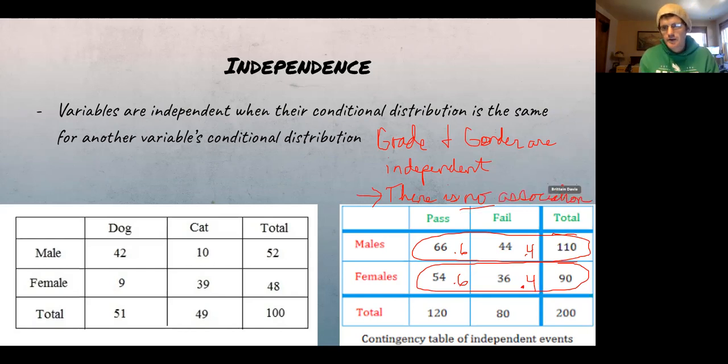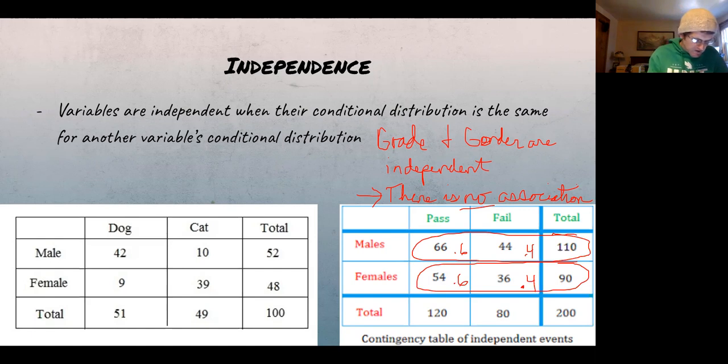Just to reiterate, when I say there's no association, that means if I gave you a heads up that you're looking at a student who happened to fail the class, that's not going to give you a hint. You're not going to have any idea, okay, great, they failed the class. That still doesn't help me determine if it's male or female, because there's no association between gender and passing or failing the class. Now let's compare that to the other table.